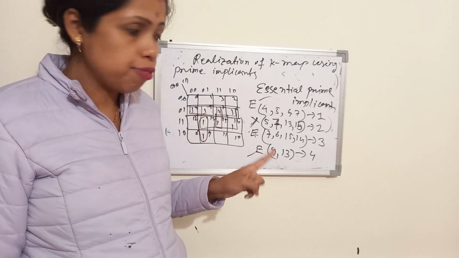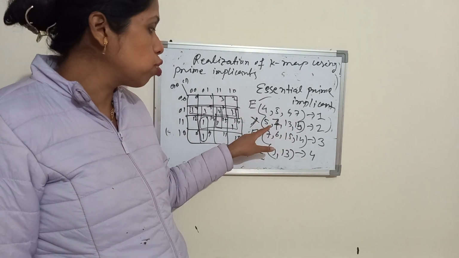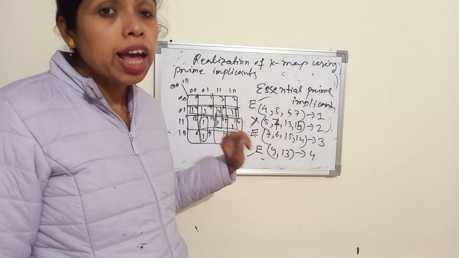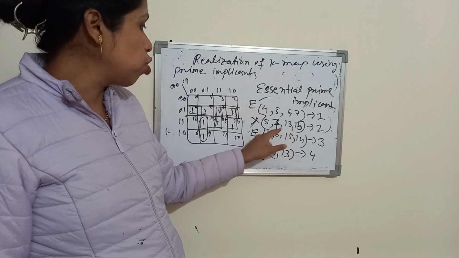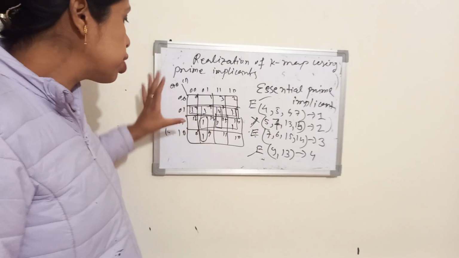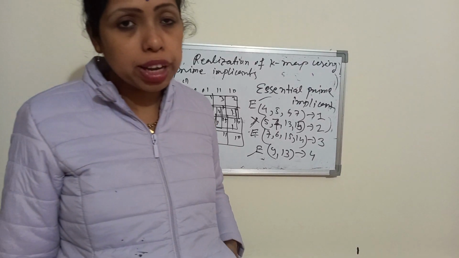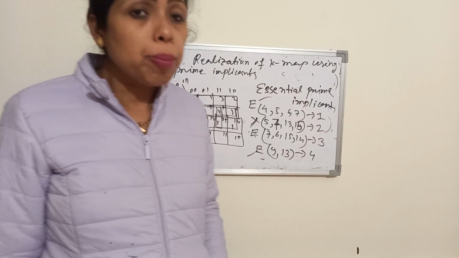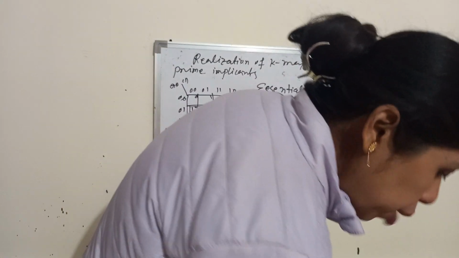No one is left, so I can leave this one, and cannot consider it as an essential prime implicant. This 5, 7, 13, 15 are all included in these three prime implicants. By observing the K-map, you can easily understand which can be the essential prime implicant and which cannot be. Next is the selective prime implicant.